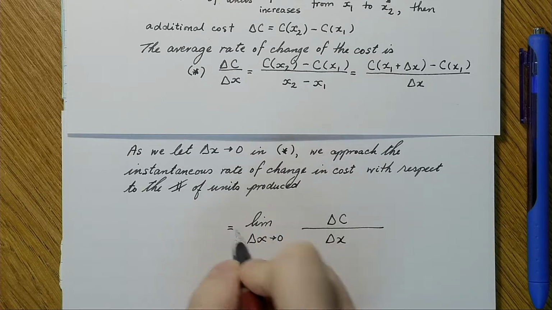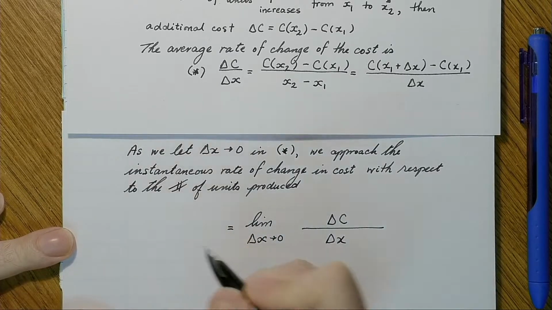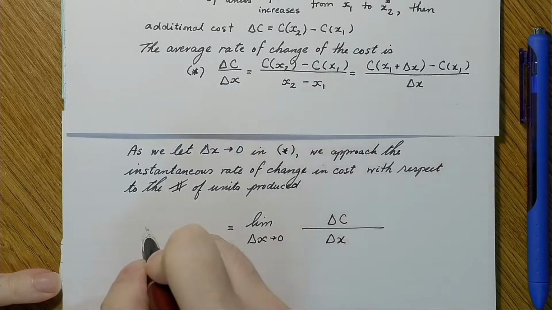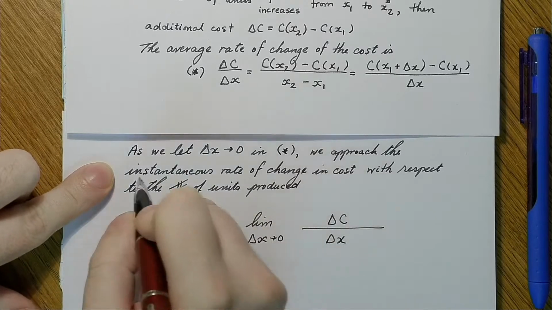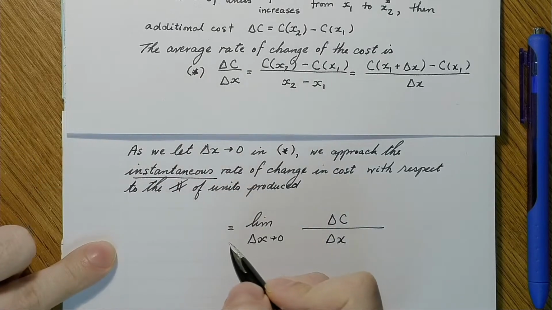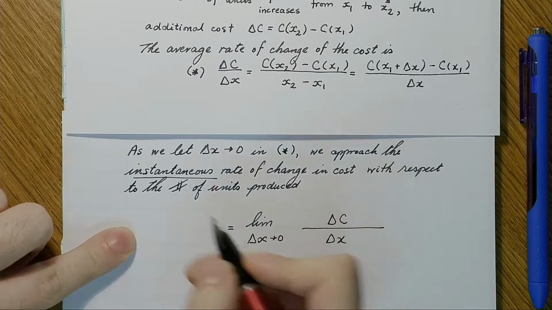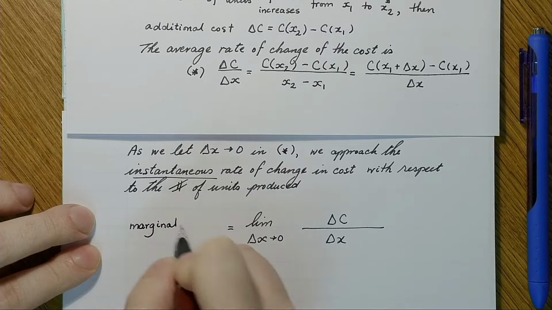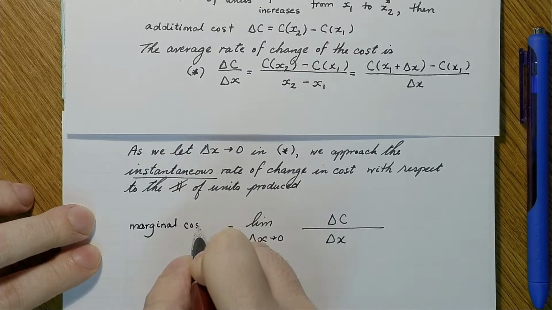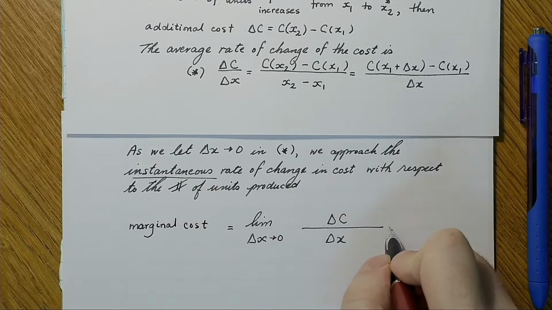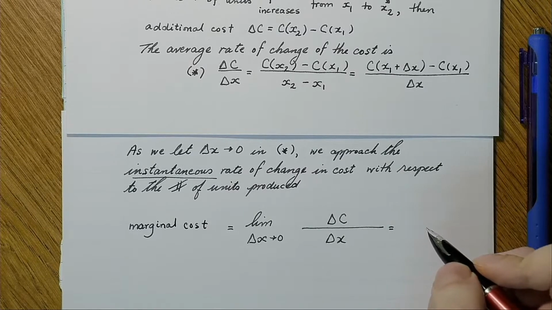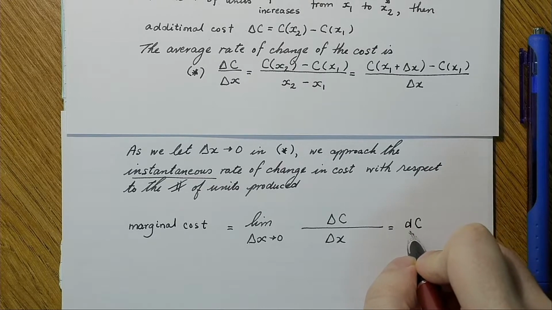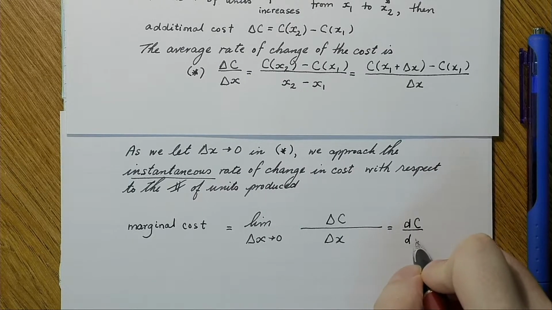Now when we do something like this, we go from the average rate of change in the cost to the instantaneous rate. And in an economics or a business setting, they refer to this as the marginal cost. We could also write this using Leibniz notation, which is the derivative of the cost function with respect to x.